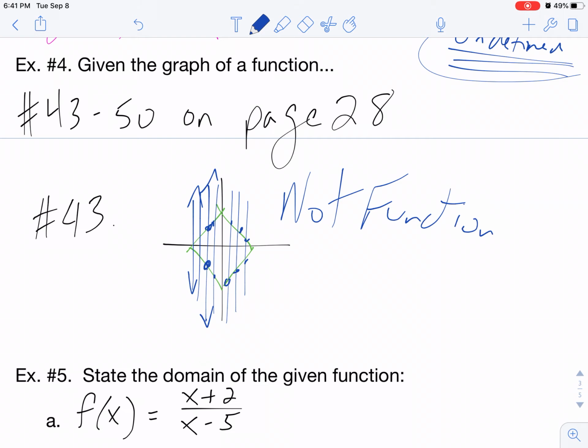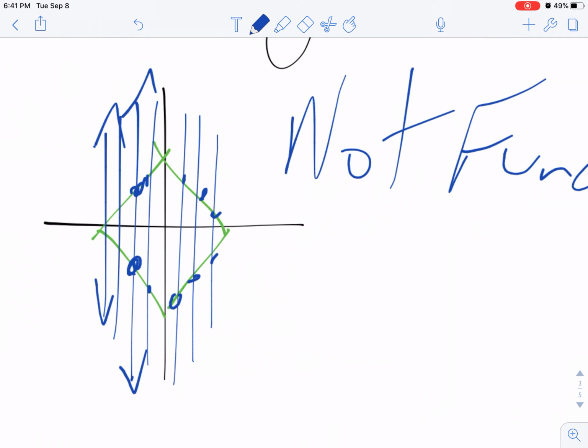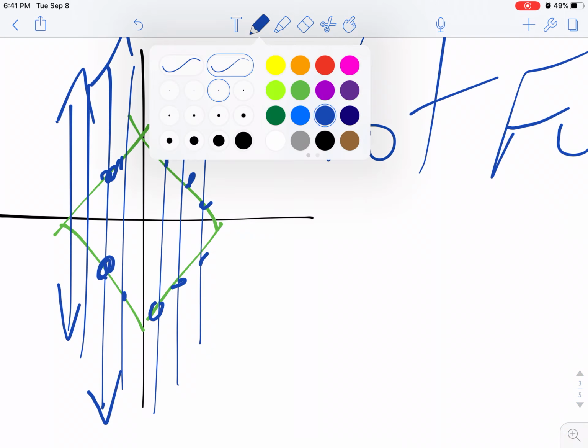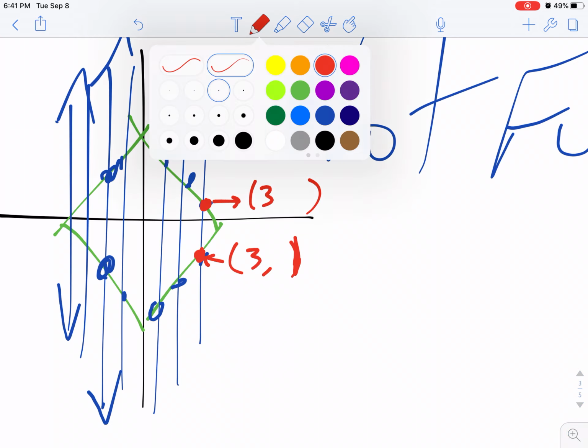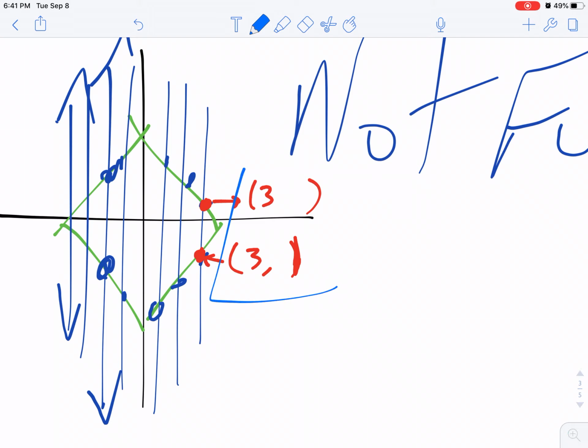And again, a little bit more of a description for that is that if we drew a vertical line here, it's going to cross in 2 places. Well, the x value is the same in those 2 places. It's got the same x value at both coordinate points. So it fails the definition for a function.